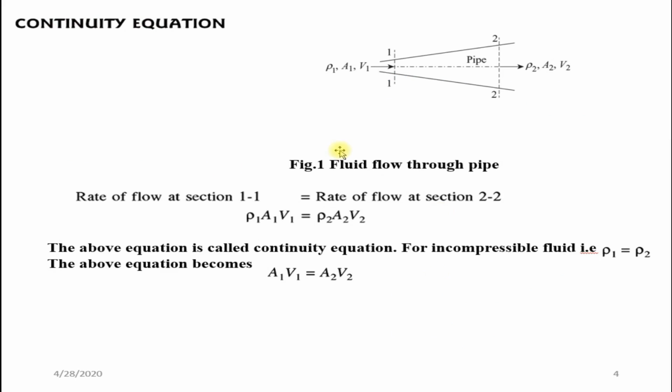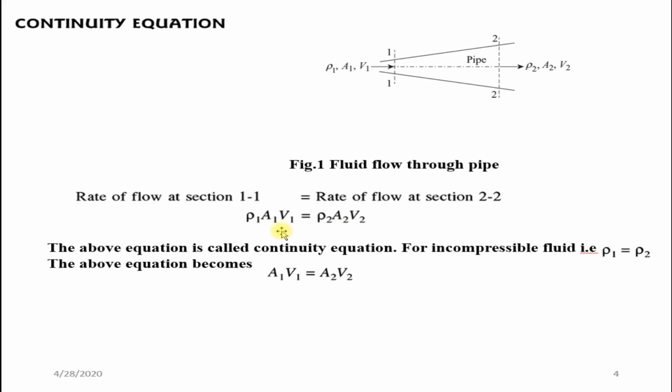This is the continuity equation we have discussed in the last class. Rate of flow at section 1-1 is equal to rate of flow at section 2-2. Whatever the mass flow rate into the system at 1-1 is equal to mass flow rate at section 2-2. That is rho into area into velocity at section 1 is equal to rho into area into velocity at section 2-2.